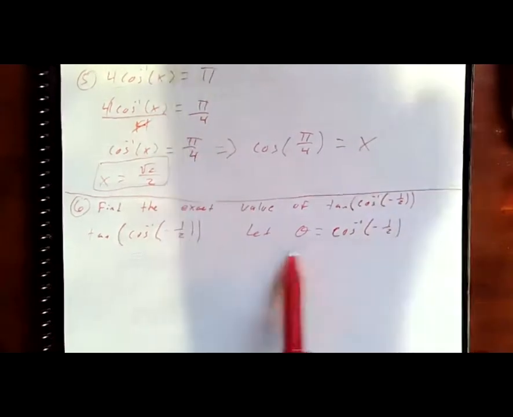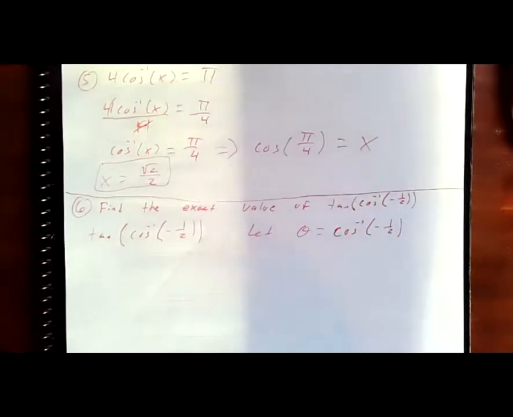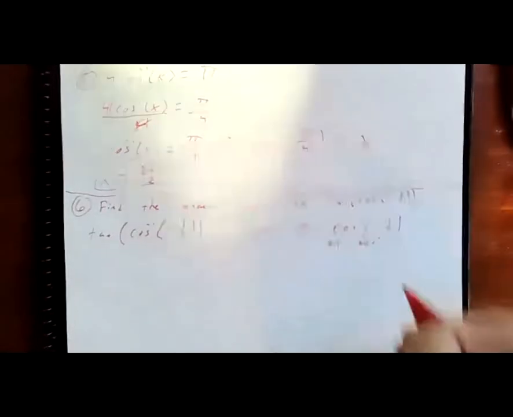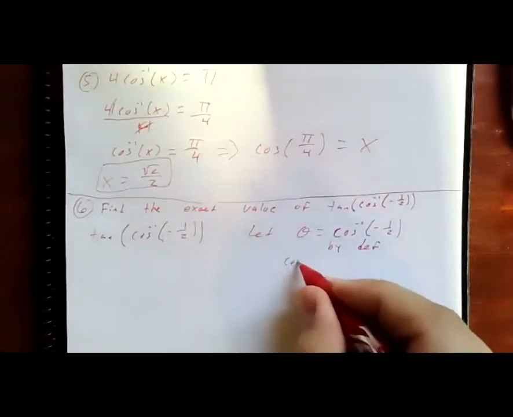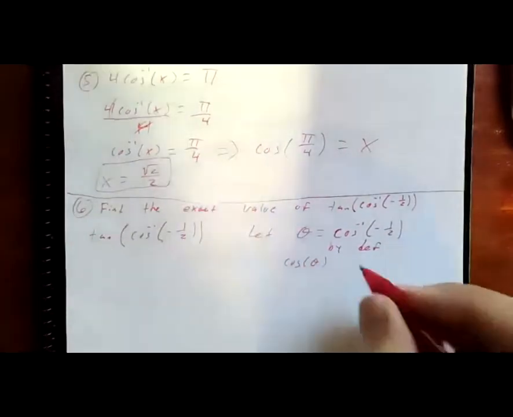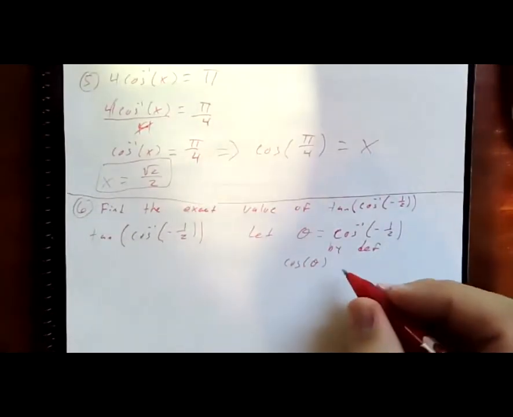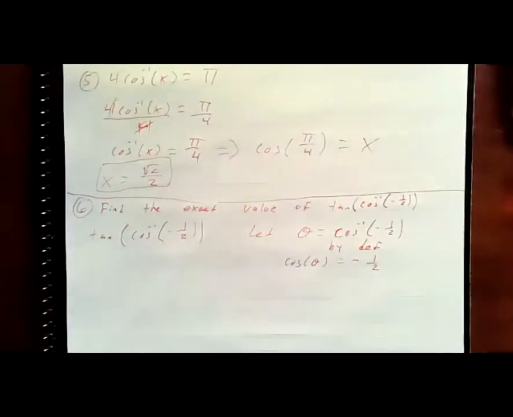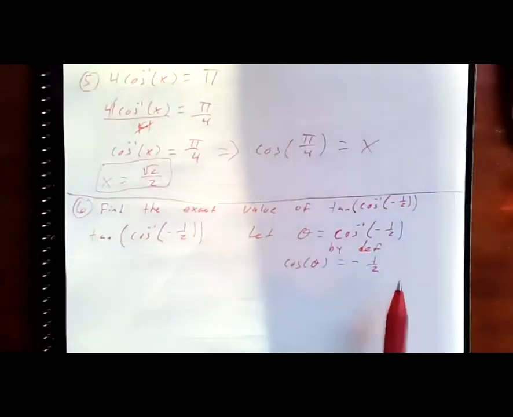Apply a definition here. By definition, that means that there exists a theta for cosine that would equal a value of negative 1/2. So use this to build a triangle and then find tangent.